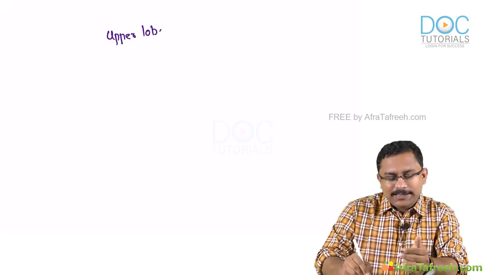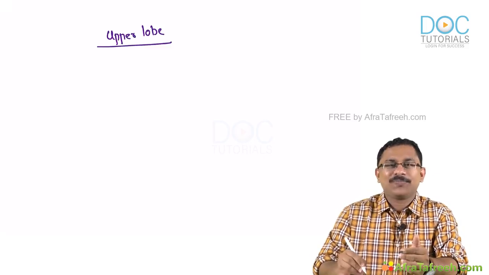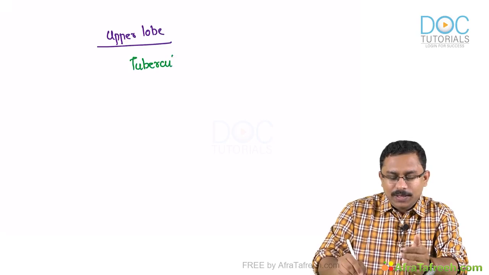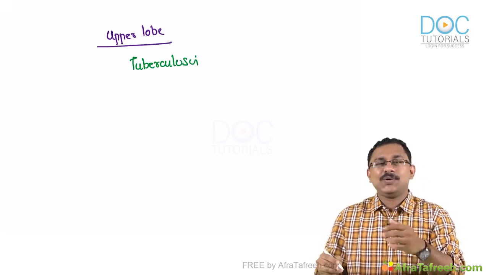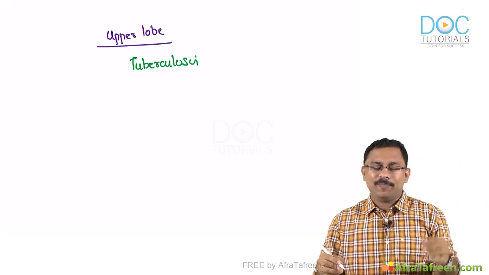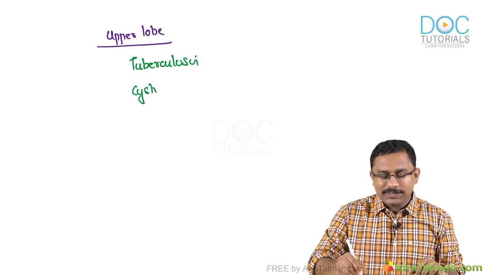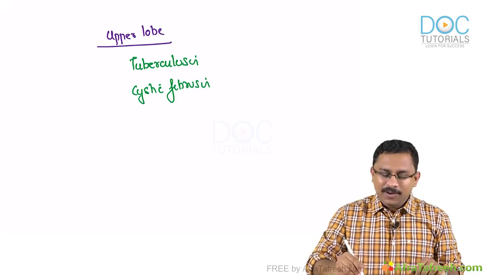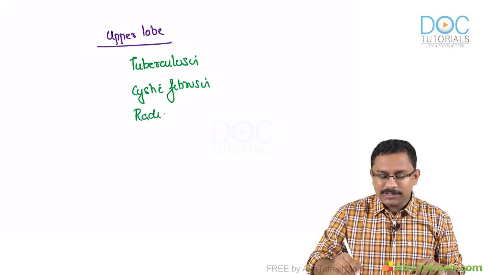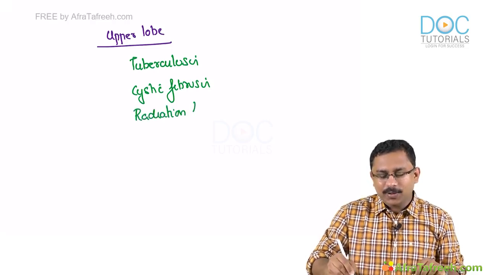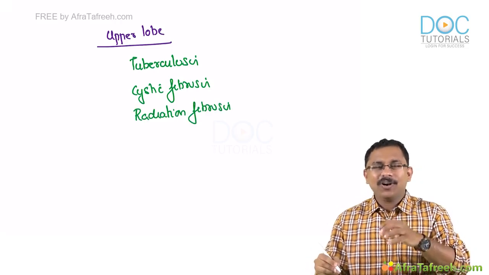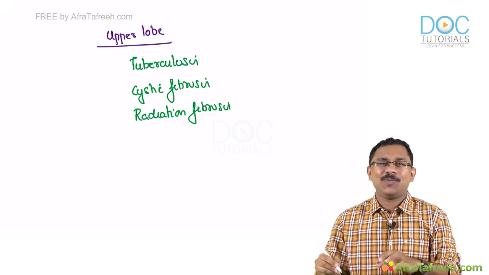One cause could be tuberculosis. You can have involvement of the upper lobe even in cystic fibrosis. And also radiation fibrosis. I already told you, secondary to radiation fibrosis, you may develop bronchiectasis. So all these would predispose to upper lobe bronchiectasis.